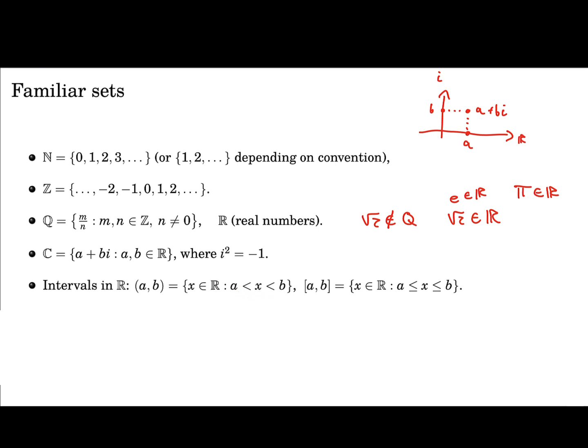And you have, for example, the closed interval, which is the same set but with greater than or equal and less than or equal. When you think of the real line, and you have your point a here and your point b, this would be the open interval, not including a and b, and if you include them, this would be the closed interval ab.